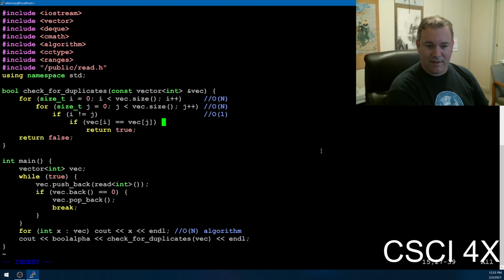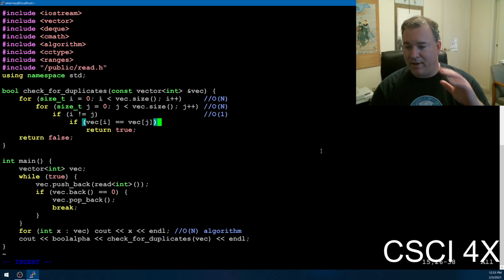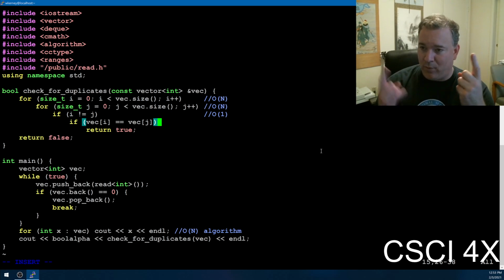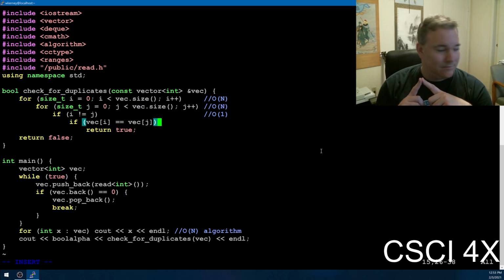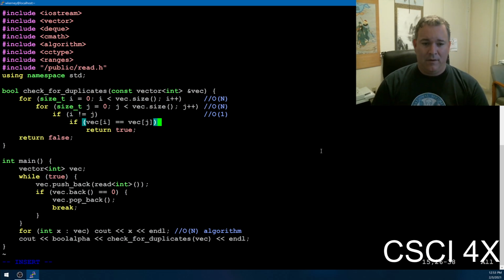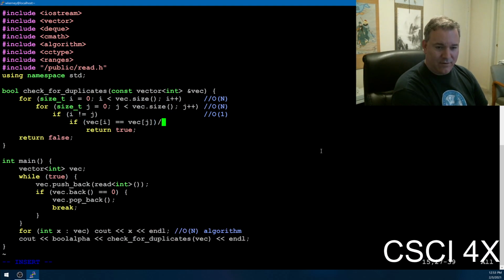Okay. How long does it take to do a comparison? Does this comparison, comparing one element with one element, is that proportional to the size of the vector, or does it take the same amount of time? That is also order 1. So this line of code right here is also order 1.